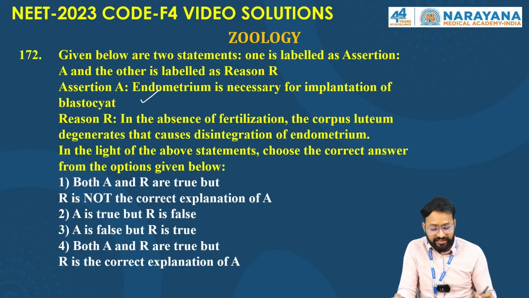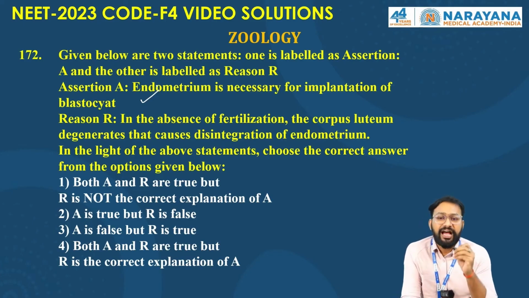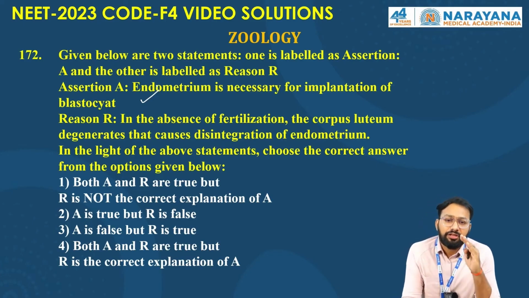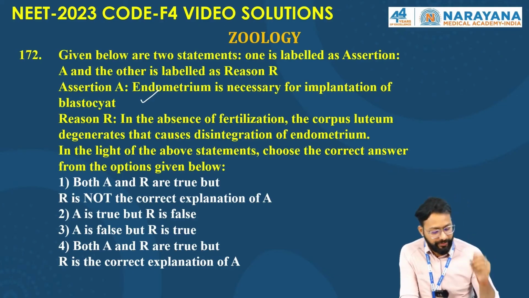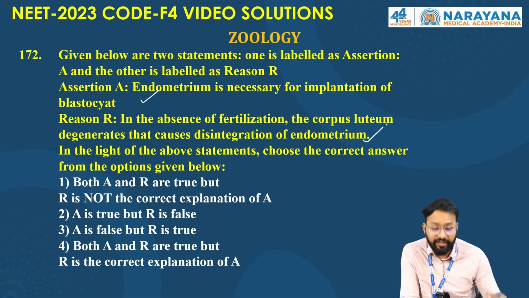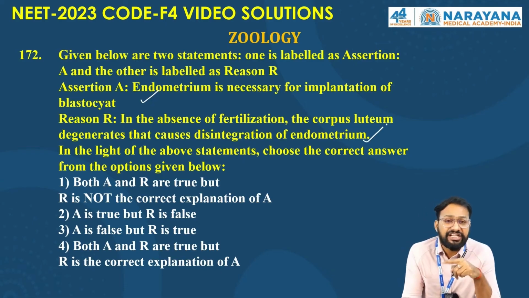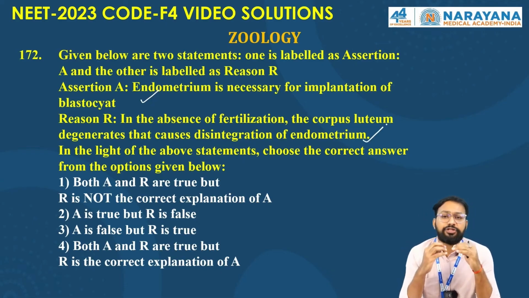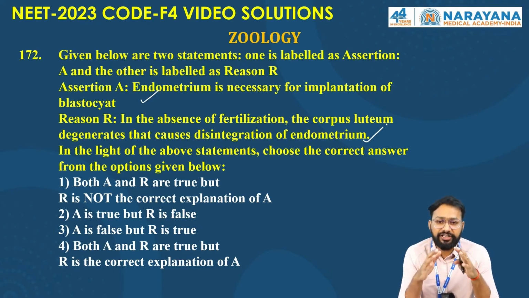So let us see the statement for the reason. In the absence of fertilization, the corpus luteum degenerates, that causes disintegration of endometrium, which is also correct. If the corpus luteum degenerates, decrease in progesterone occurs, and due to decrease in the progesterone, endometrium will shed, because progesterone is required for maintenance of endometrium.